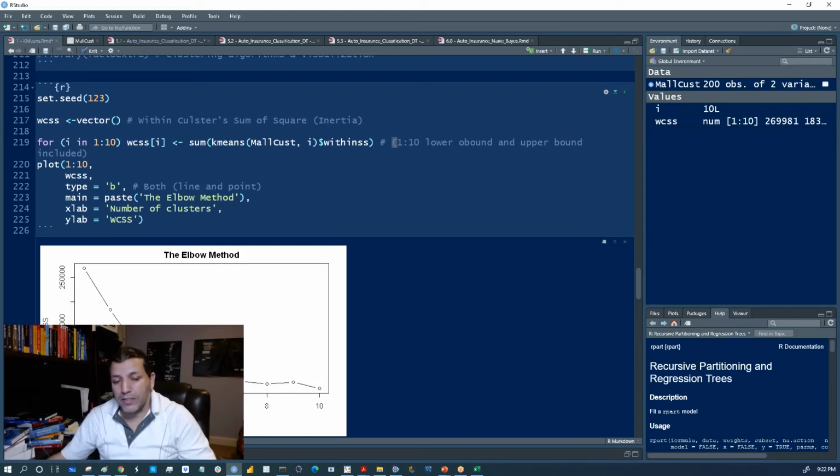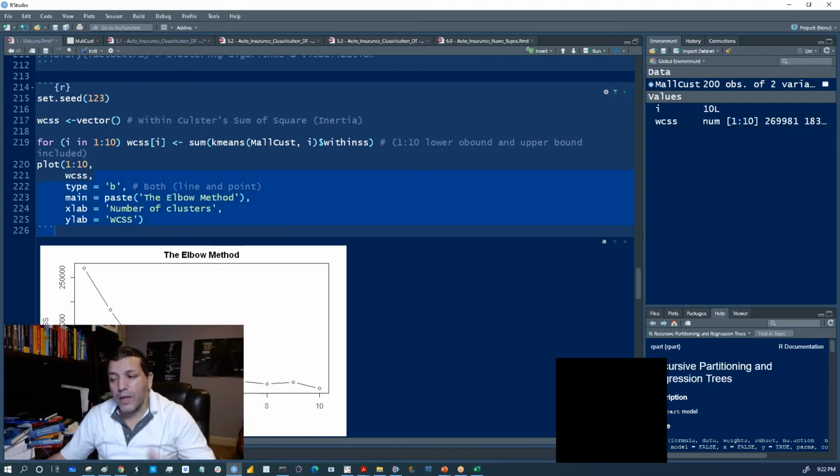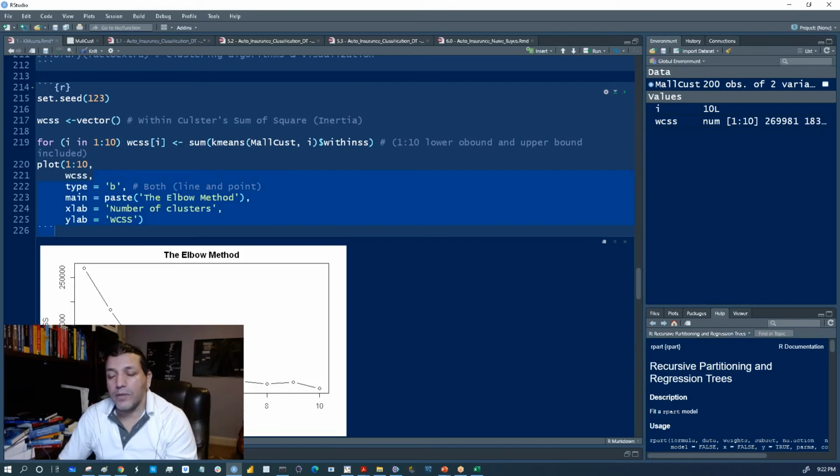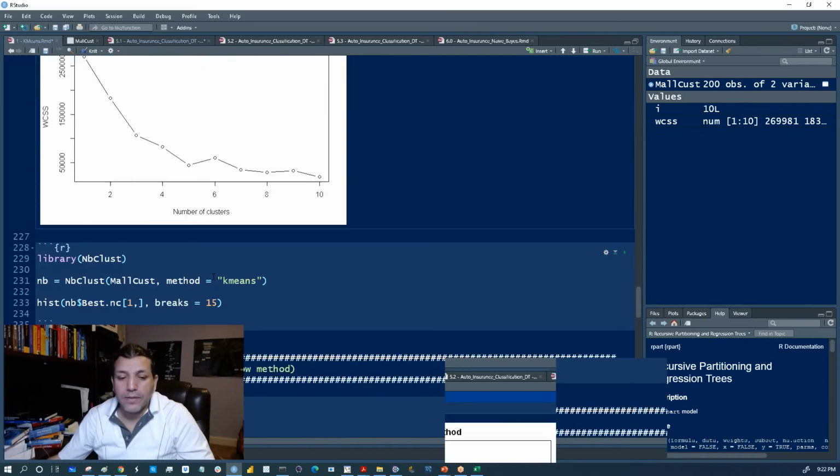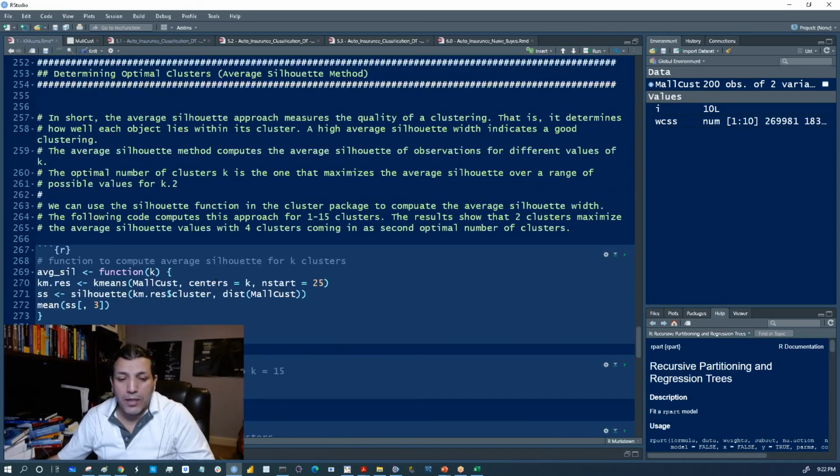The elbow is at 5. You see, you have 1, 2, 3, 4, and here we have 5. So the optimal number of clusters that we need to create is 5. That is what I'm going to do here.